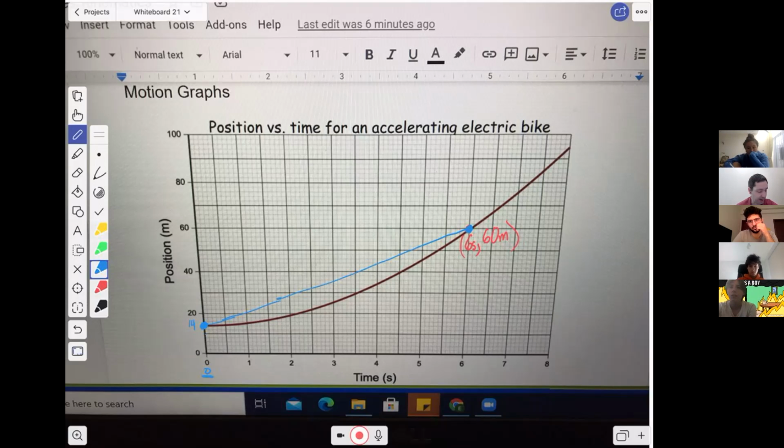Yeah, each one of those squares is 2, because this is the 10 right here. So I'm at 14 at the beginning, and then I go up to 60. What is the total distance traveled there?